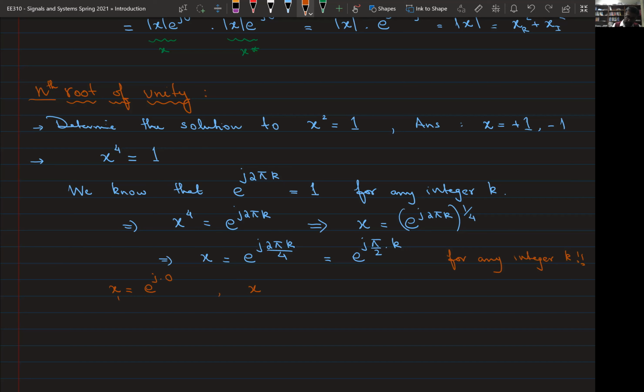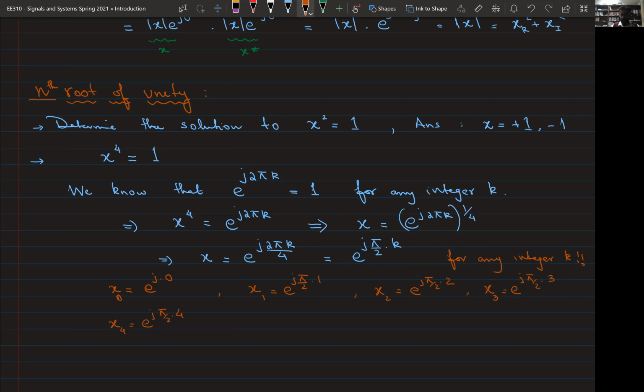The next solution is e raised to power j pi by 2 times 1, right? x2 is e raised to power j pi by 2 times 2. I think I've made a mistake here. Okay, what about x3, which is e raised to power j pi by 2 times 3. And x4?